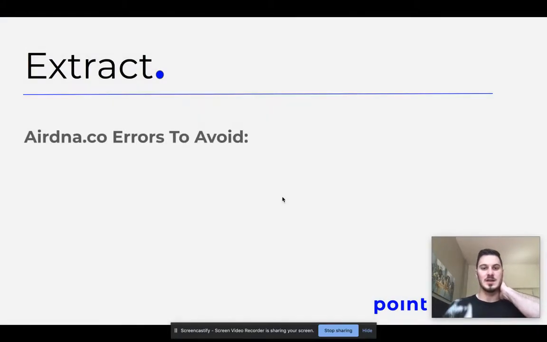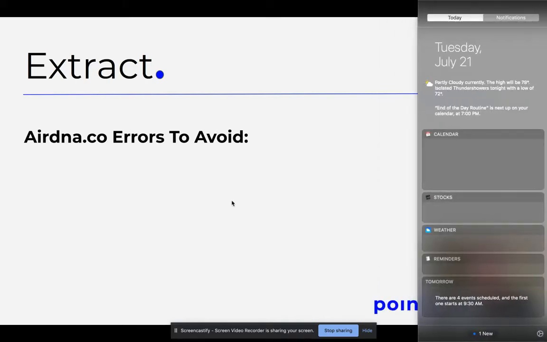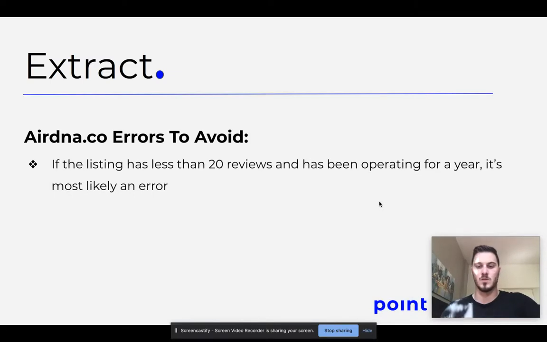Next one is, these are going to be the AirDNA errors to avoid. Okay, so there are some issues with AirDNA's algorithm. I've already mentioned one. We're probably going to review another one. But here's a good one. If the listing has less than 20 reviews and has been operating for a year, it's most likely an error.